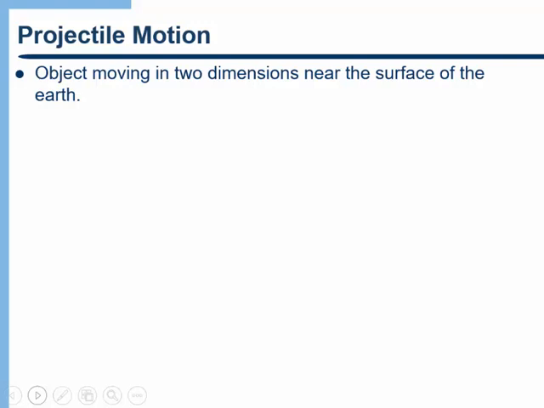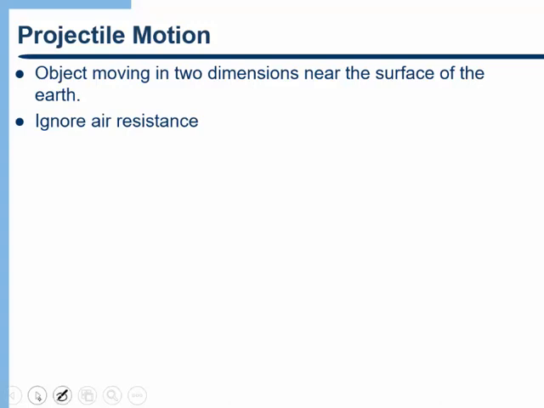So projectile motion, again, refers to an object that's moving in two dimensions near the surface of the Earth. The key thing here is that we can ignore air resistance. And in that case, the only force that's acting on the object once it's launched in the air is the force of gravity.